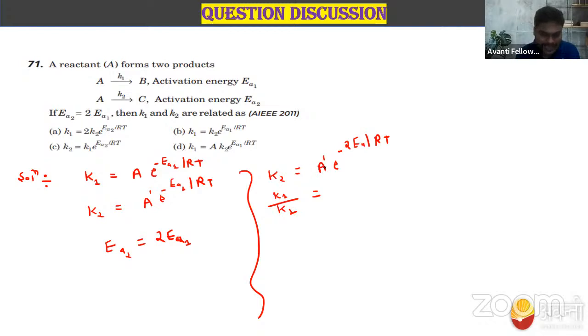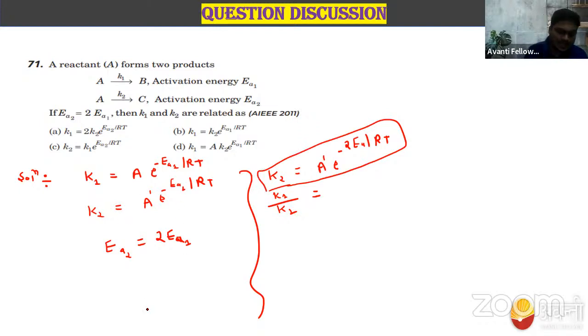A dash and A will cancel out each other. ठीक है? Because we are using this formula, na? This is the K2. Okay, this is the new K2. And for the K1, we all know that EA2 is equal to twice of EA1. So we can write this equation. So K1 by K2, क्या बचेगा यहाँ पे सिर्फ K1 by K2. That is EA1 divided by RT.